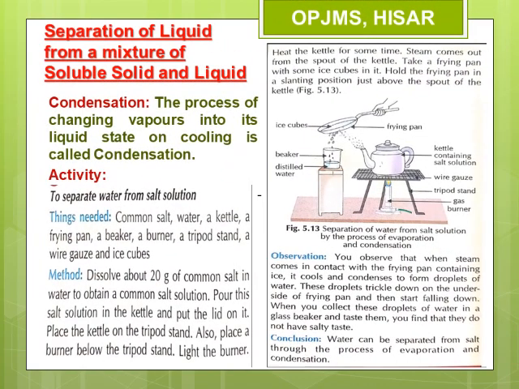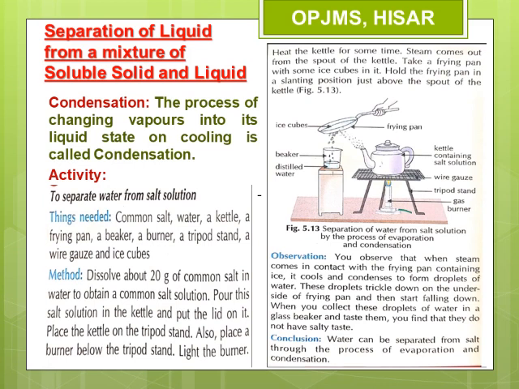Now let us study how a liquid can be separated from a mixture of soluble solid and liquid. It can be done by the process of condensation. You have studied already in your junior classes what condensation is. The process of changing vapors back into their liquid state on cooling is known as condensation.